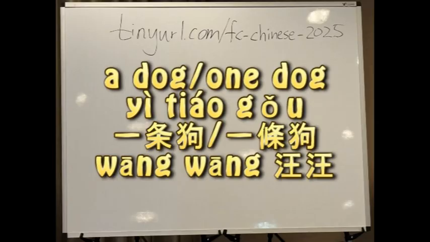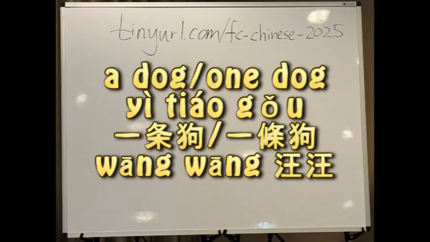When you are referring to a specific dog, you would just say 一条狗, referring to one dog. After working out this class, you can claim you know one Chinese character already. That just means one, with one stroke, so it's very easy to remember.